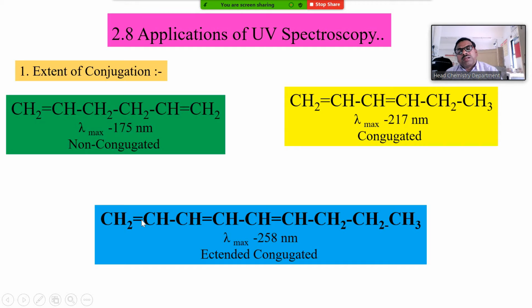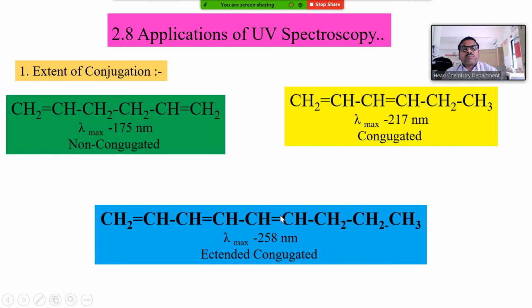See in this example, double bond, single bond, double bond. This is the parent diene. But when we look at the further part of the structure, you will find that a double bond is also there in that structure. That double bond is also in conjugation with the parent diene. See the double bond and single bond situation: double bond, single bond, double bond. This is the parent one. You count further: double bond, single bond, double bond.